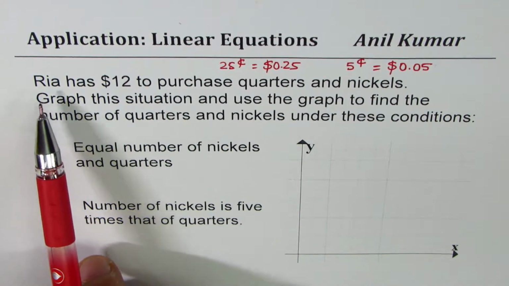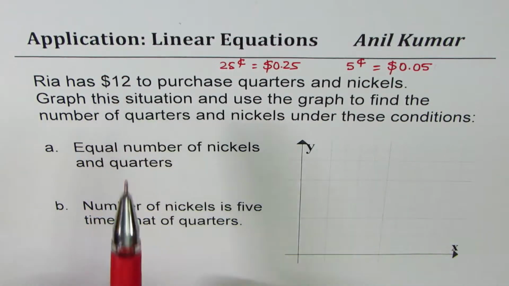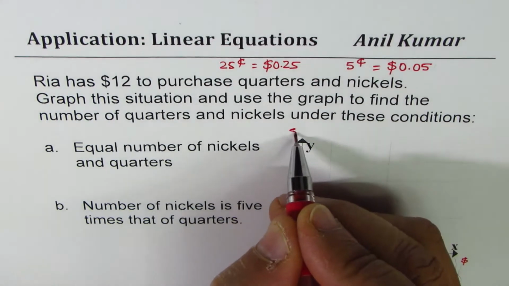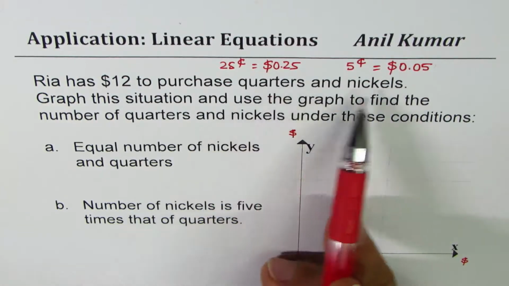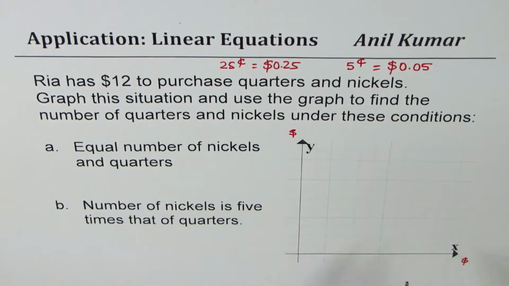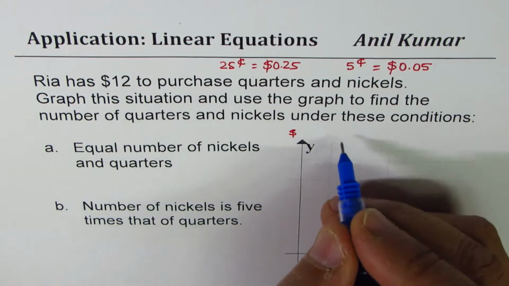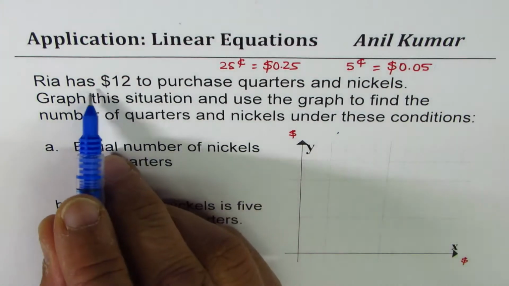Now it says Ria has $12. Now let's work in dollars. That would be better for us. So we'll consider dollars in both the sides. And we could keep nickels and quarters any way you like. So I'll name this graph as quarters. I should say it's the amount.